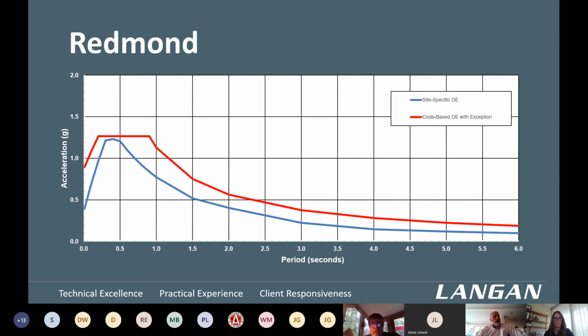That is almost a 30% increase or so. There is for sure value in doing site-specific for whatever structure you want to look at.